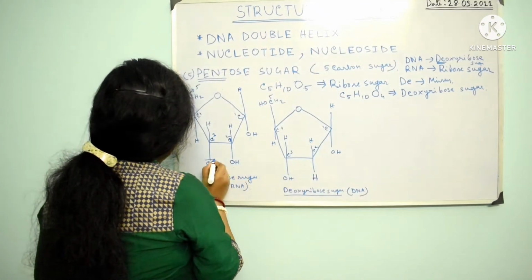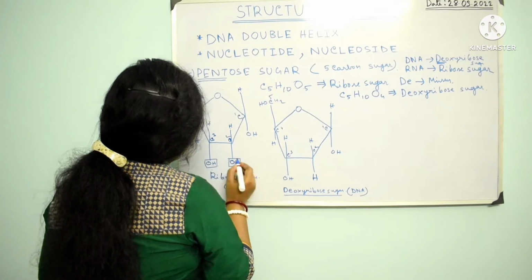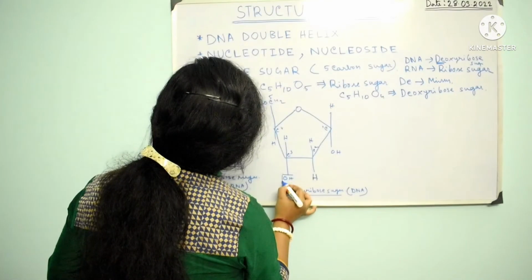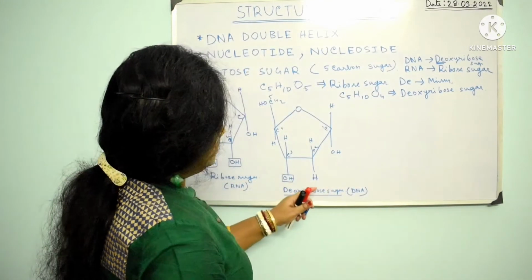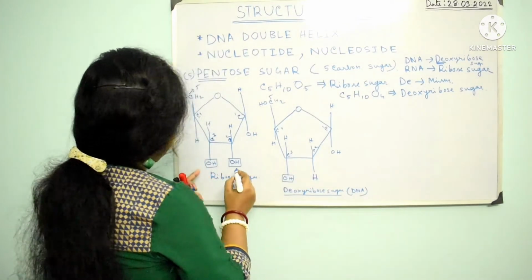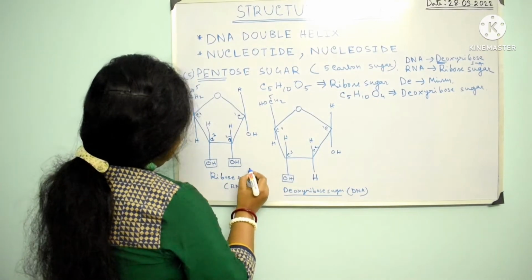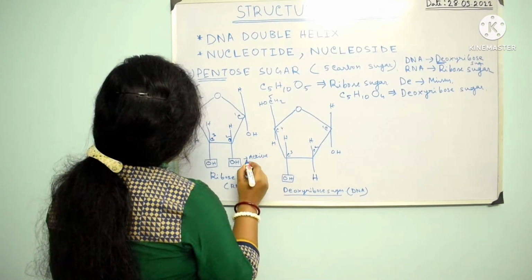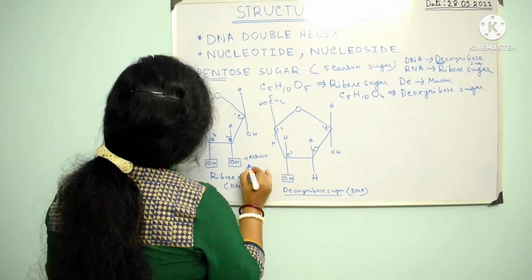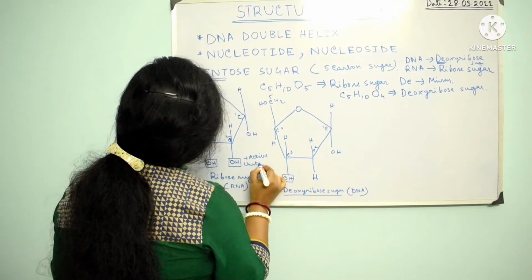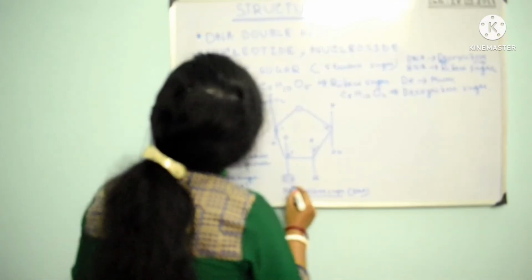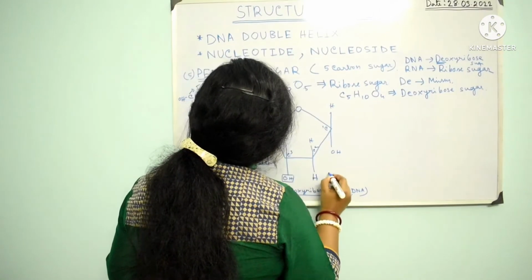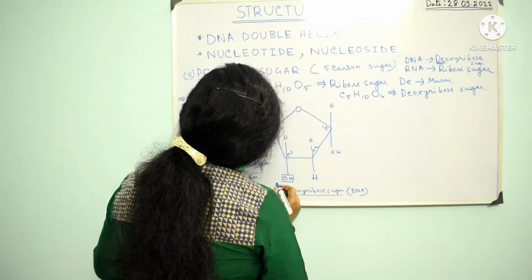Note that there are 2 functional groups present in RNA, here in ribose sugar, and here a single functional group is present and this functional group is not present here. For this 2 functional group, RNA is very much active and unstable. And for this single group, DNA is not so active and is stable.